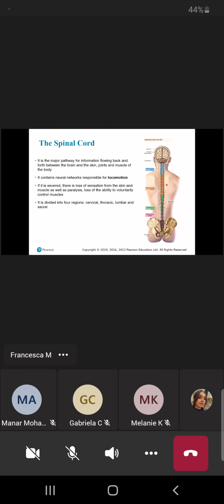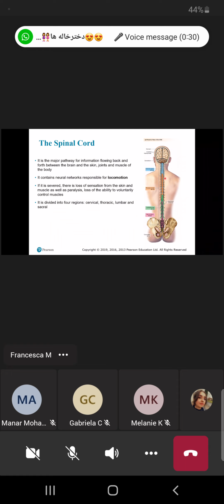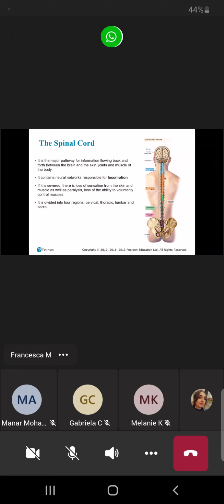Why is the spinal cord important? Because the majority of the pathways that regulate the information exchange, the information movement from outside, from the skin, and also from the internal region of our body, are regulated by the spinal cord.